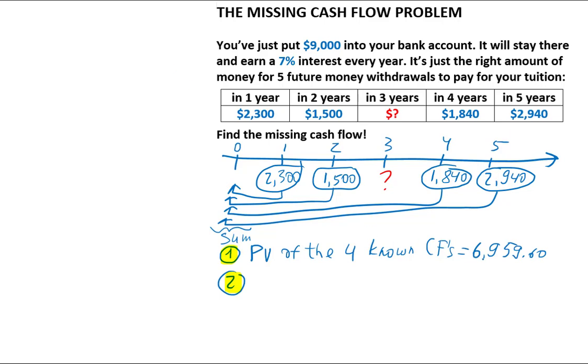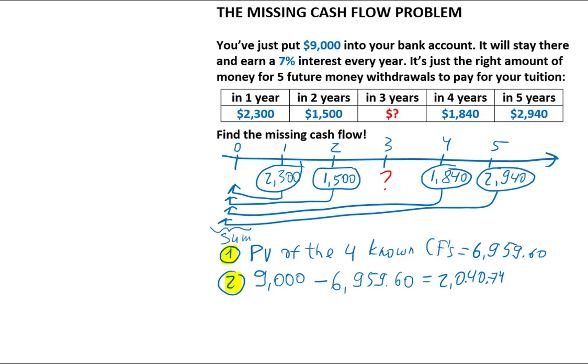Then what do we do as our step number 2? We just found the present value of the 4 known cash flows. $9,000, which was given, is the present value of all 5 cash flows in the future. So how about we find the difference? 9,000 minus $6,959.60, which gives us $2,040.74.